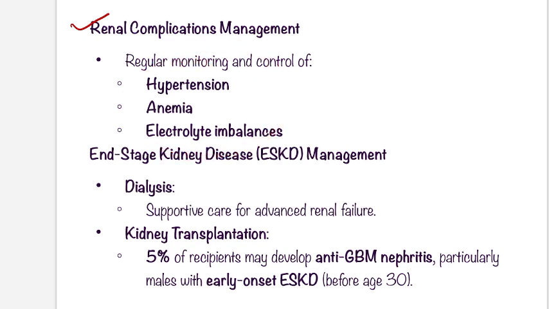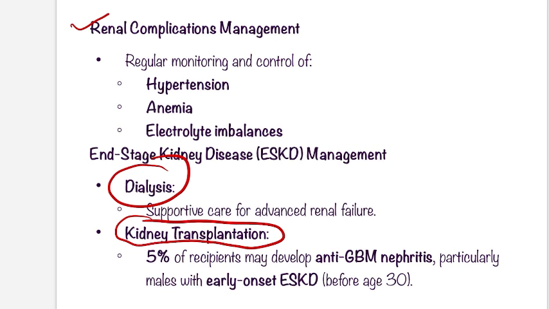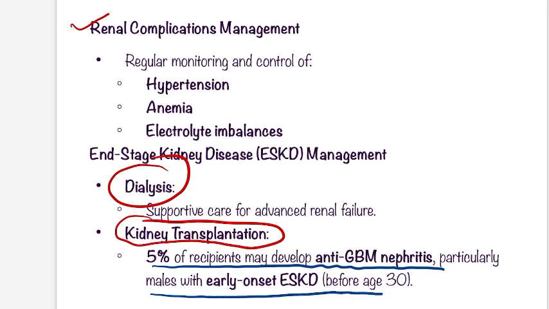End stage renal disease management, how will you do it? You will do dialysis and kidney transplantation. The important consideration: 5% of recipients may develop anti-GBM nephritis, particularly males with early onset end stage kidney disease. This statement is very important.